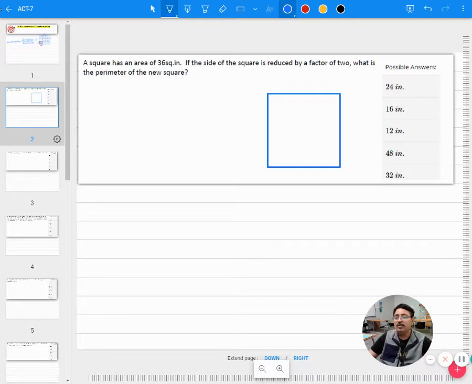Therefore, let me write the condition. Area of a square, which is side into side, or you may write as side square. And it is given that 36 square inches, that value goes here. Therefore, in the place of area, I am taking 36 equals side square.